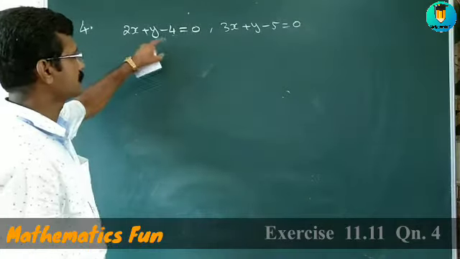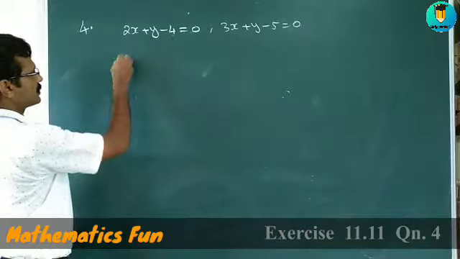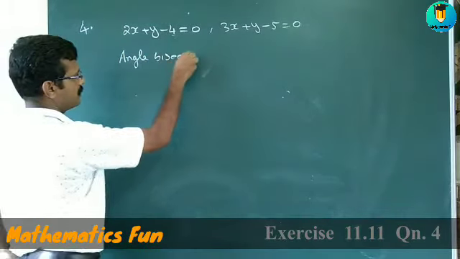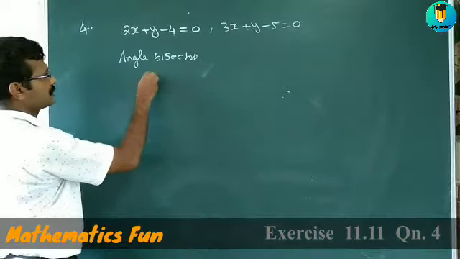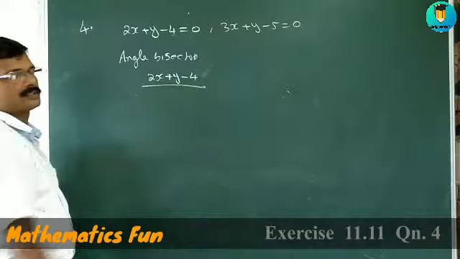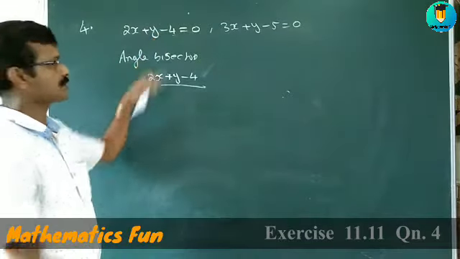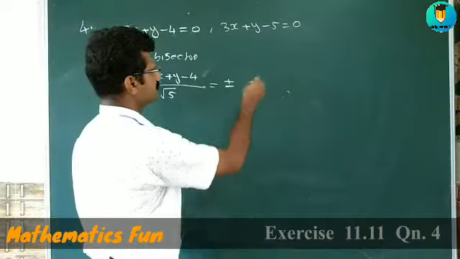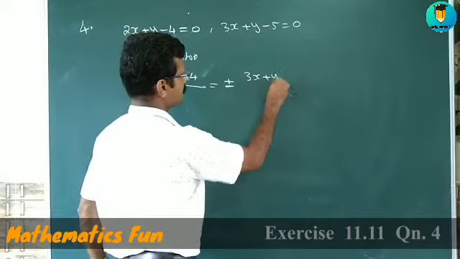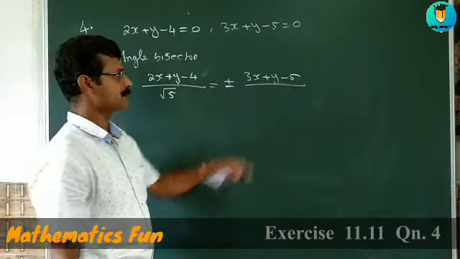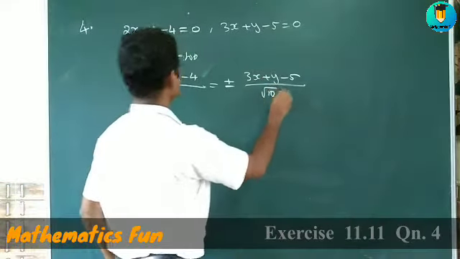So based on that, first of all I will find out the angle bisector. The angle bisector: 2x plus y minus 4 divided by root of 2 square plus 1 square, so it will be root 5, is equal to plus minus 3x plus y minus 5 divided by root of 3 square 9 plus 1, that is root 10.